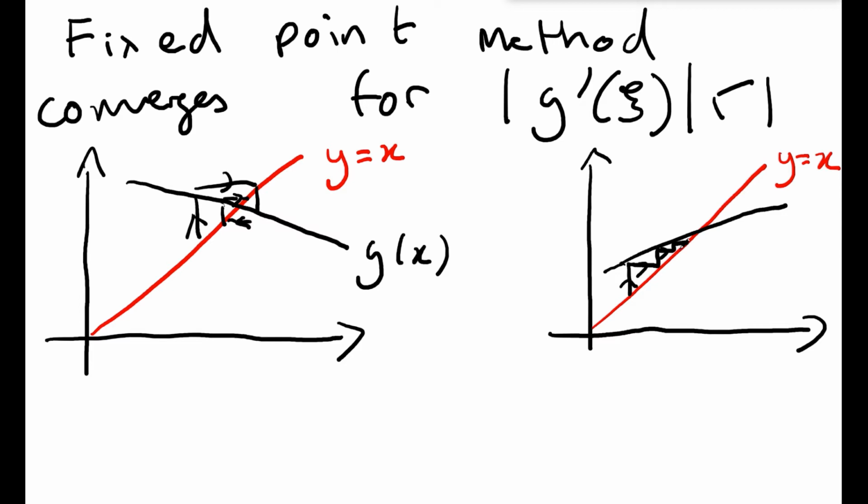I'm going to undo that and see if I can draw that a little bit clearer, using a slightly thinner ink. So it goes up like that, along like that, up like that. I don't know if there's a name for this. It's like a staircase. That's a cobweb, and the right is a staircase, and it's because g prime is less than 1.